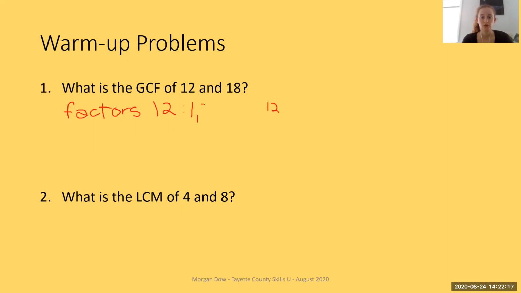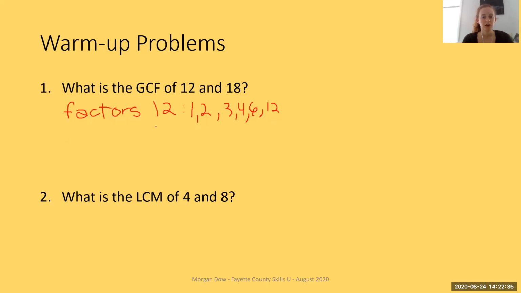We're going to have 2 and 6. And finally, we'll have 3 and 4. So those are the factors of 12 written out in order from least to greatest.